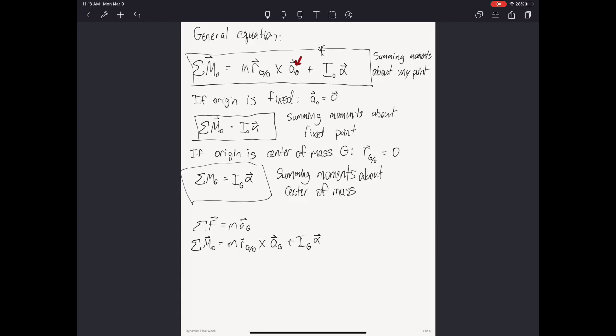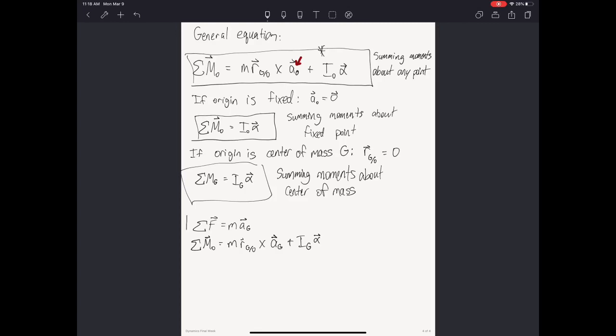I suppose what I just said is not true, considering the origin could be anywhere. Anyway, the important thing is that this bottom equation can be derived from the top equation, and it involves somewhat tricky math. It involves the parallel axis theorem, and what it takes to move the moment of inertia from one place to another. It's rather involved.